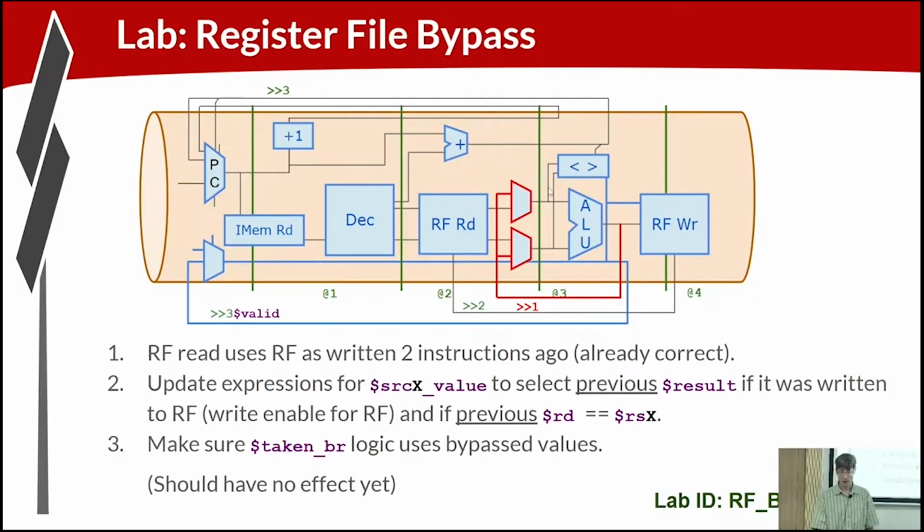So just make sure that your comparison logic is based on these signal names, not the signals coming straight out of the register file. Okay. After this, we will break for lunch.